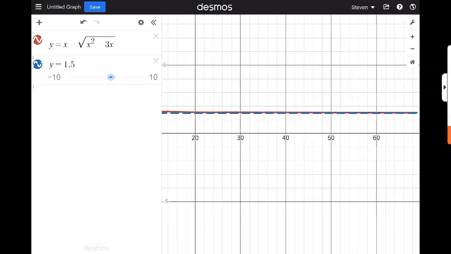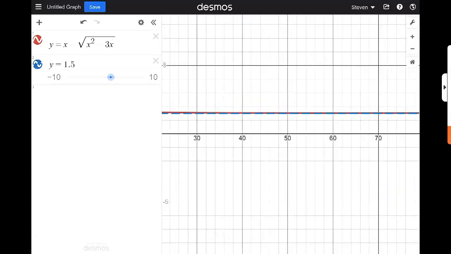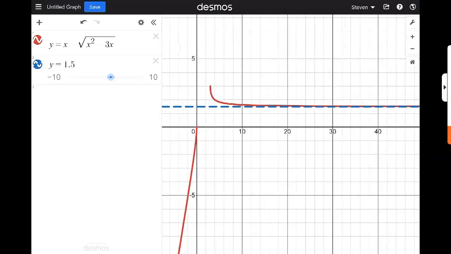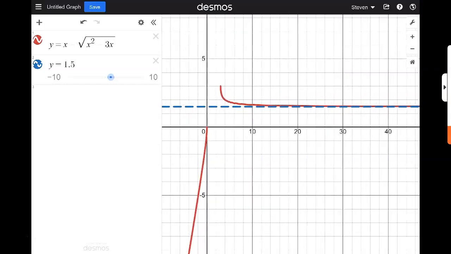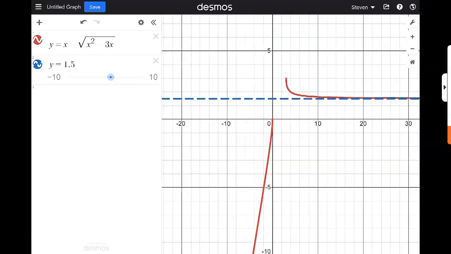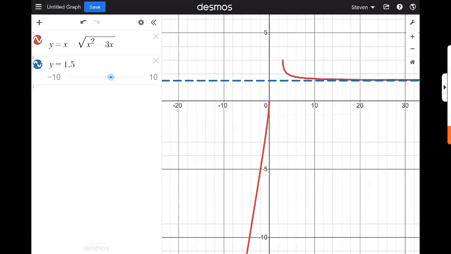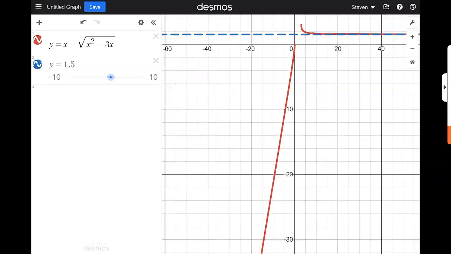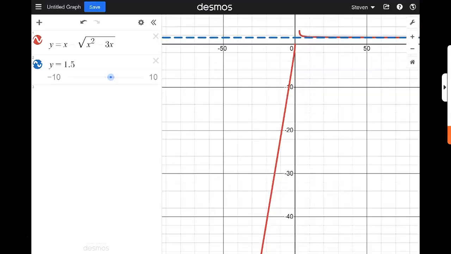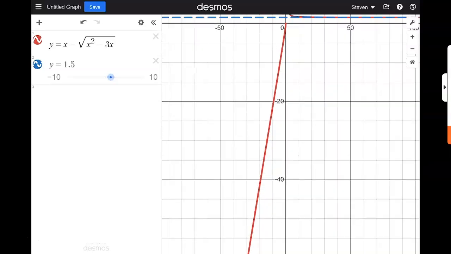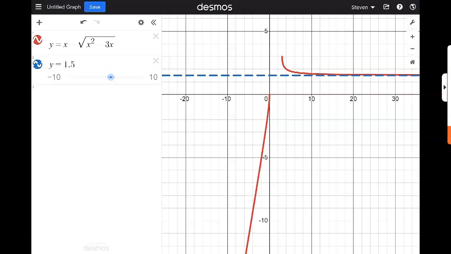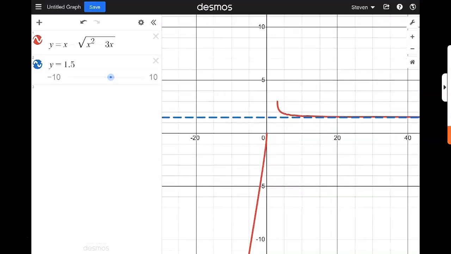You can see as we go out to positive infinity, get really big in the x direction, this is leveling off to 3/2. By the way, had you been doing the other limit, in the other direction it does not approach a numerical value. It actually goes toward negative infinity.